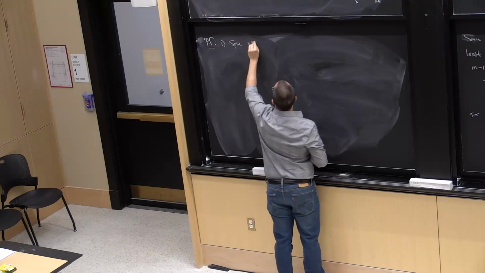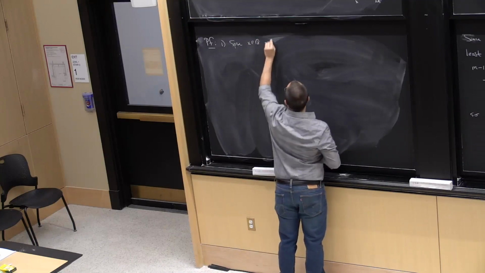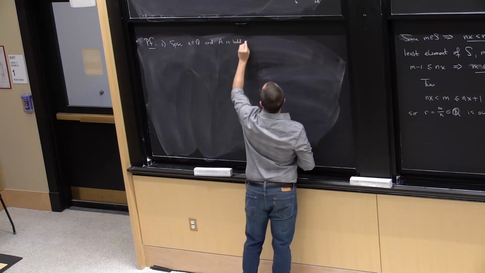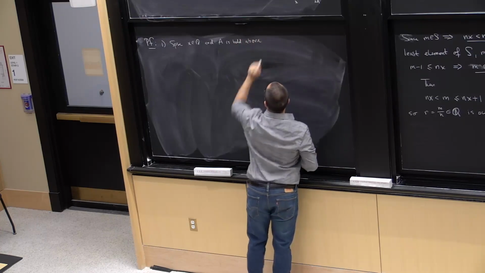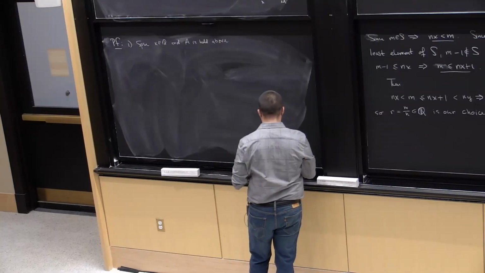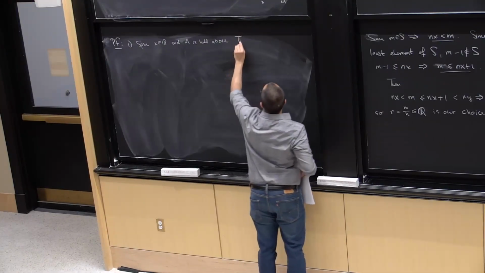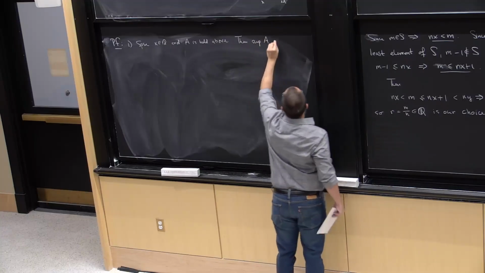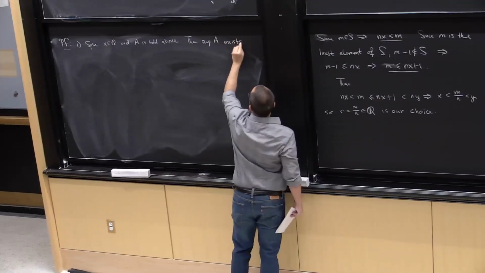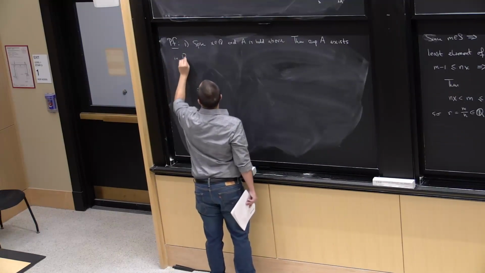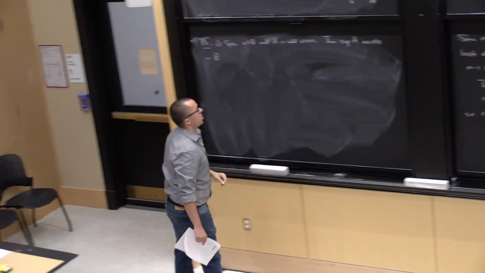Suppose x is in R, and A is bounded above. Then the number sup A exists in R because R has the least upper bound property.